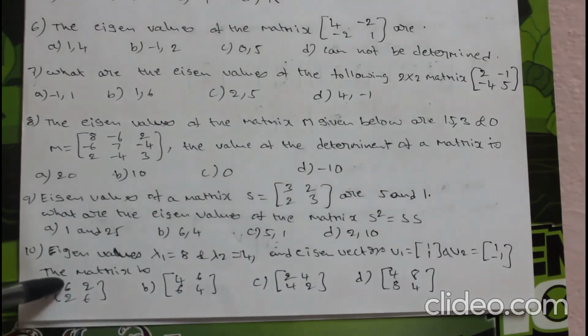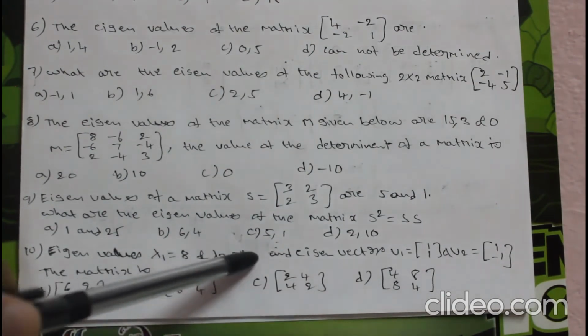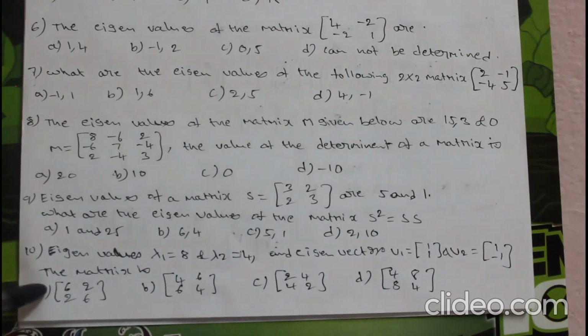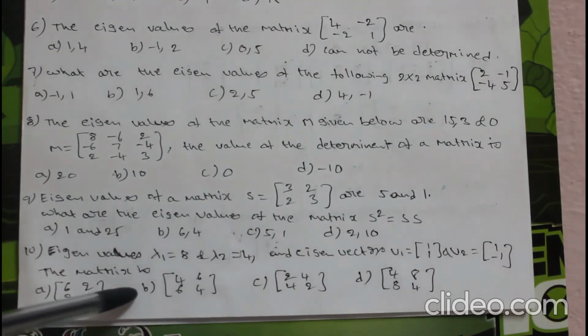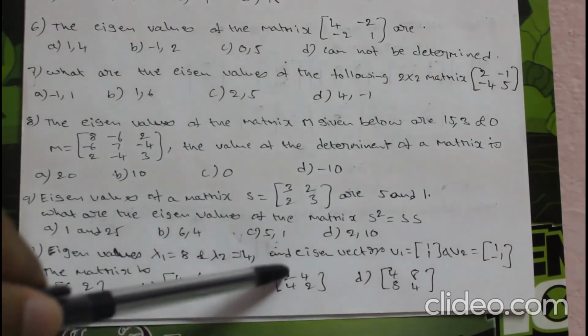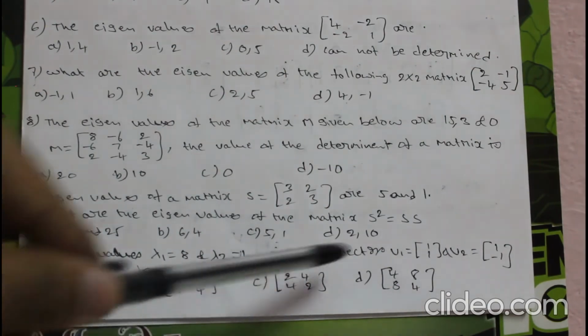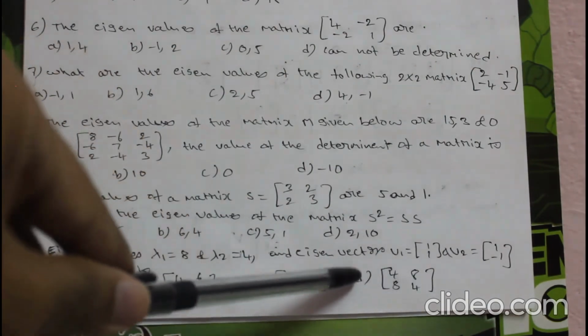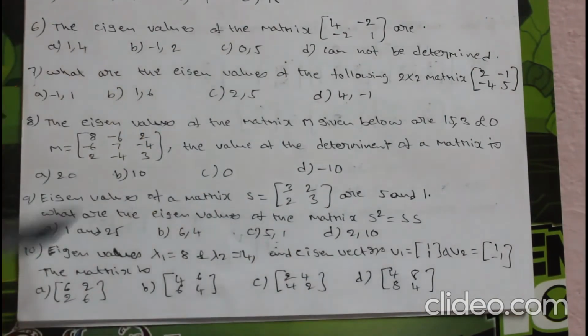So 6 plus 6, 12. 8 plus 4, 12. So 6 plus 6, 12, it may be the correct answer. Option B, 4 plus 4, 8, not equal to 12. Eliminated. Option C, 2 plus 2, 4, not equal to 12. Eliminated. Option D, 4 plus 4, 8, not equal to 12. Eliminated. So option A is correct.